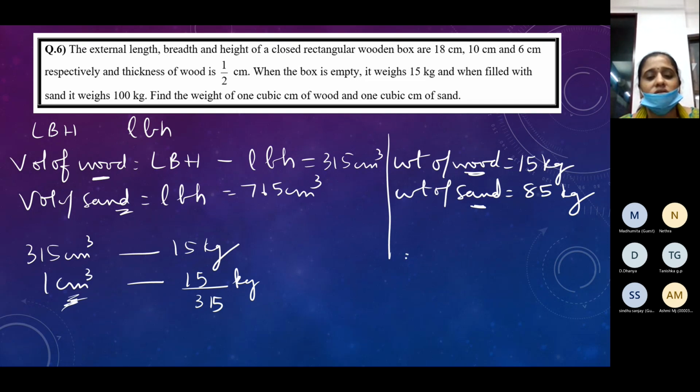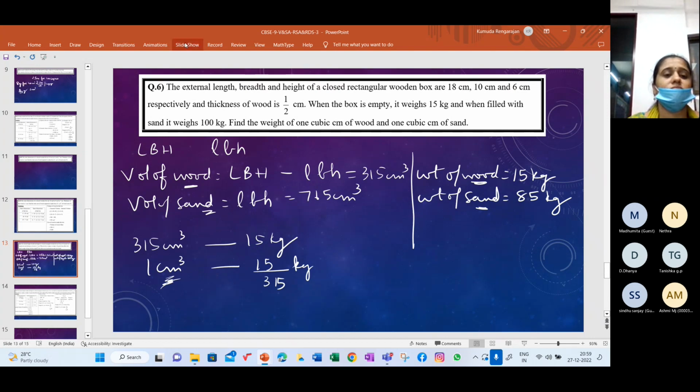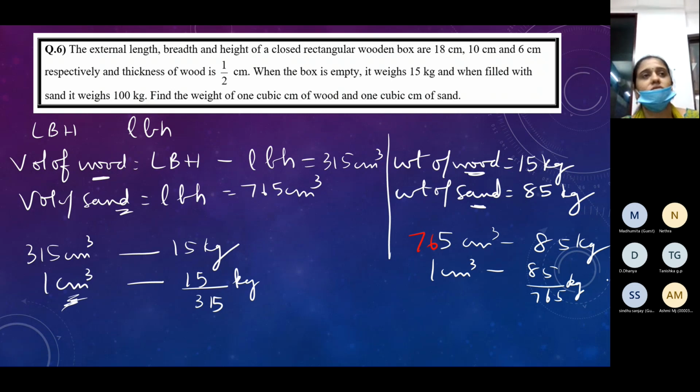Similarly here, 765 centimeter cube has a weight of 85 kgs, then 1 centimeter cube will have a weight of 85 by 765 kgs. All right. So it's a very simple one. It just depends on how you understand the question. Clear, children?